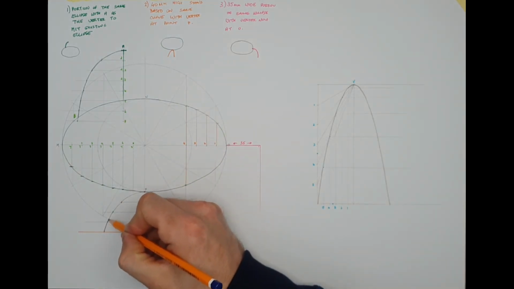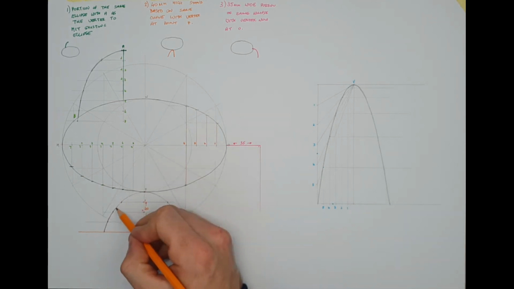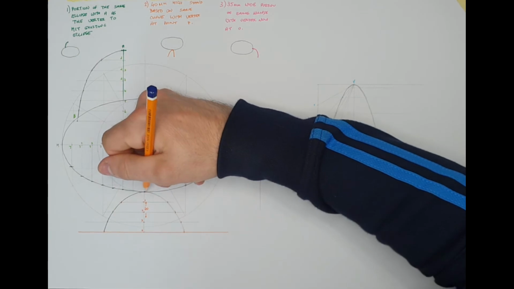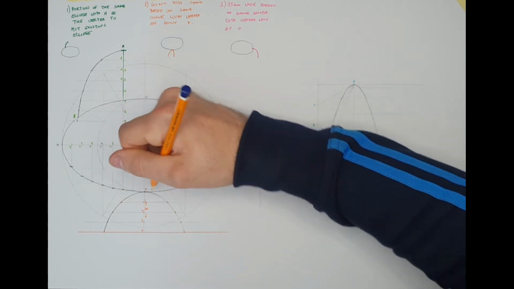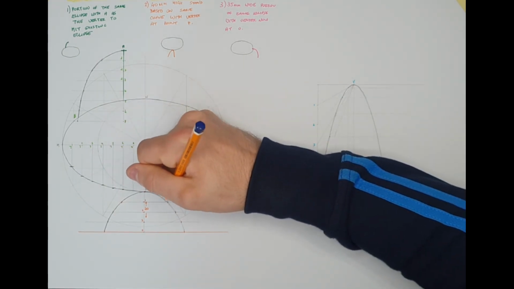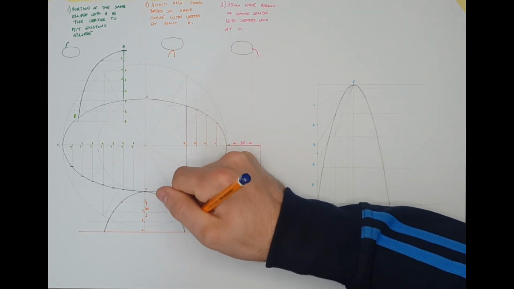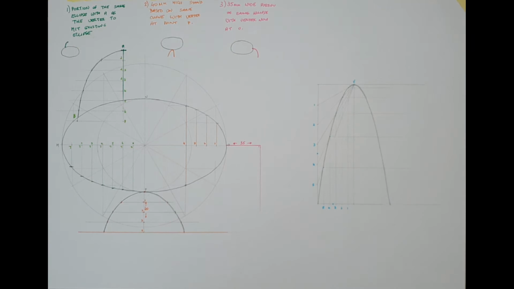Once you've freehanded in nice and light, go over it if you're happy. And there we are. Ellipse, that's in this case an elliptical stand of a given height.